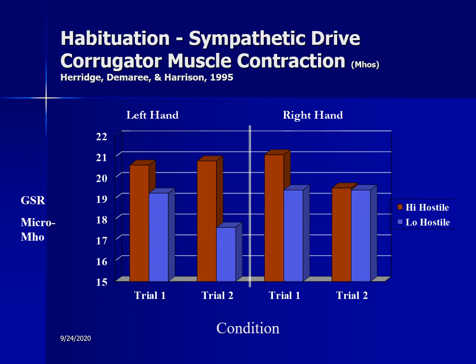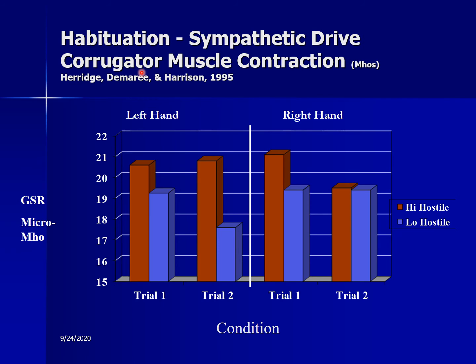Here we're looking at habituation of sympathetic drive by asking our folks to just simply contract their corrugator muscle. Now, the corrugator muscle is your frown muscle. If you make a frown right now, right between your eyes, you'll have your corrugator muscle contracted. Well, it turns out that just contracting that muscle activates your sympathetic nervous system.